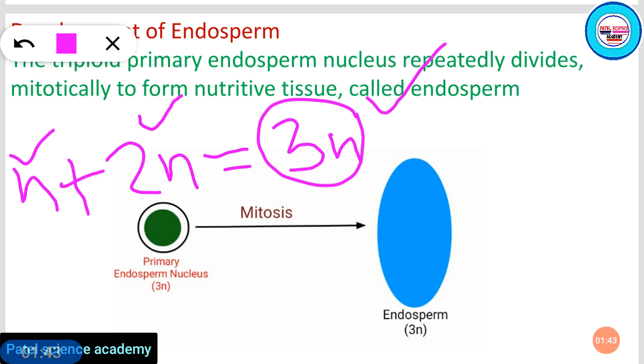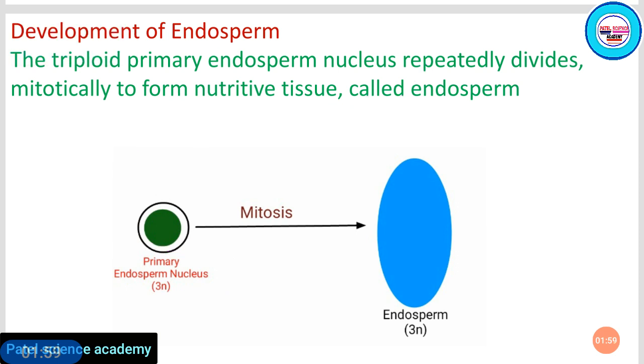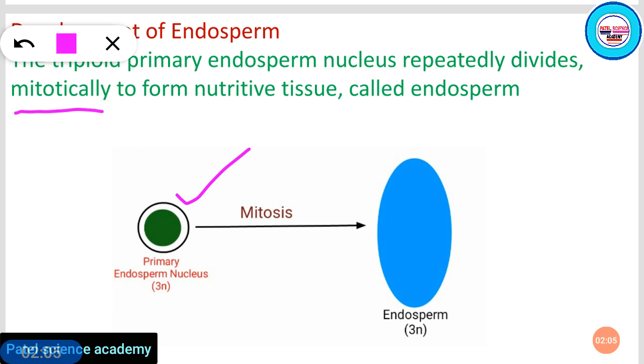This triploid structure is called the primary endosperm nucleus, that is PEN. So the PEN is formed by the process of second fertilization in the plant. This PEN goes repeatedly through mitotic cell division.